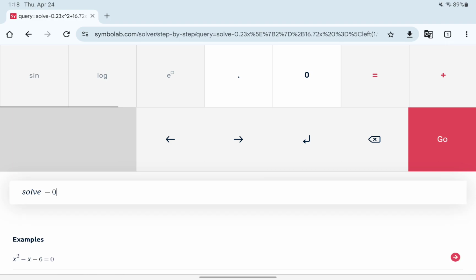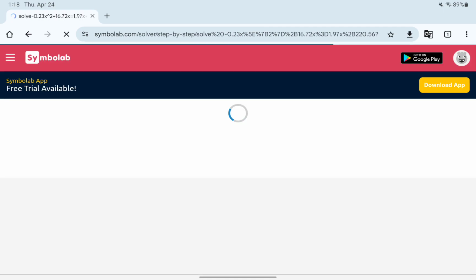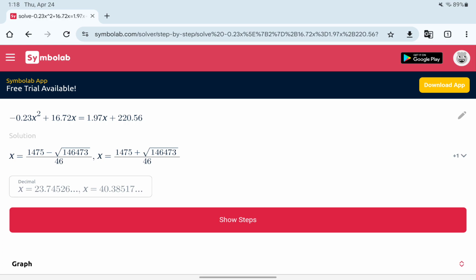So we'll solve negative 0.23x squared plus 16.72x is equal to 1.97x plus 220.56. And those numbers look a lot better.